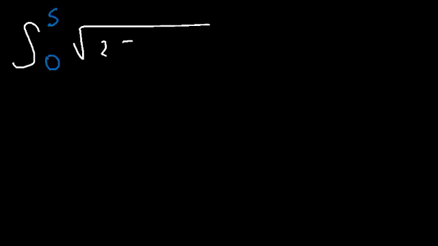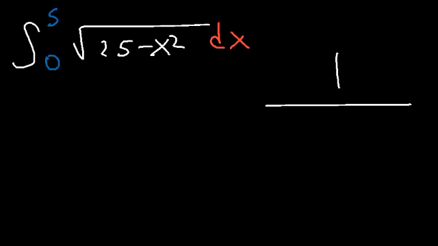Let's try some more examples. What is the integral from 0 to 5 of the square root of 25 minus x squared dx? So first, let's graph a circle. We can see that r squared is 25, which means that the radius is 5. Now we only want the right side of the graph.